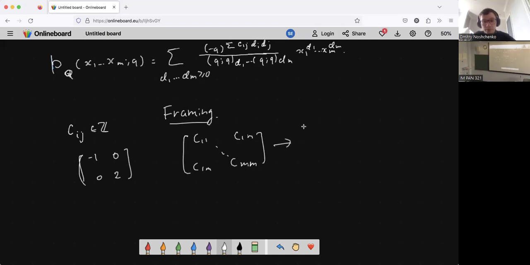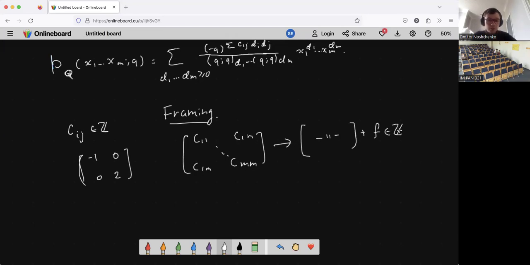So this maps to the same, but plus some constant f. And we take this constant to be an integer. So in principle, we still speak about quivers, even if you have negative entries in the quiver matrix. And one can just say that we add a framing to this formally negative quiver, but you can get to positive entries.